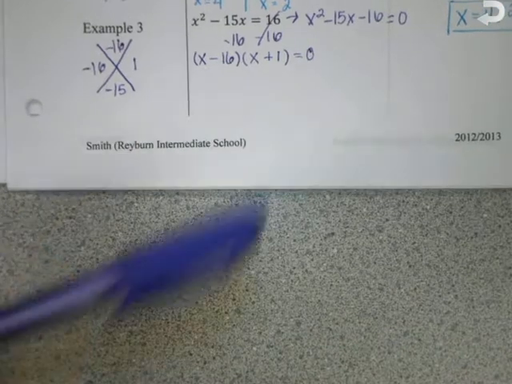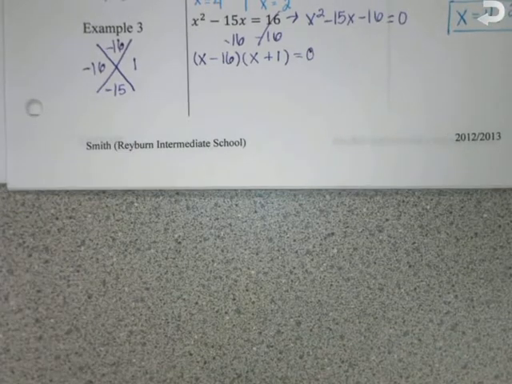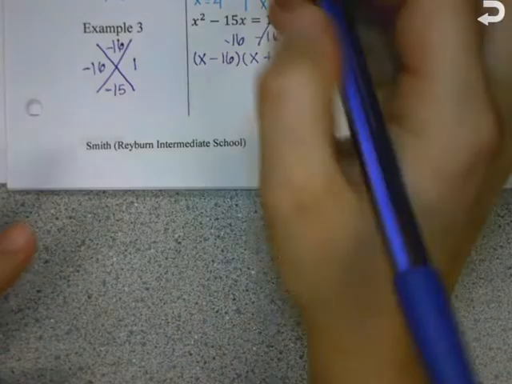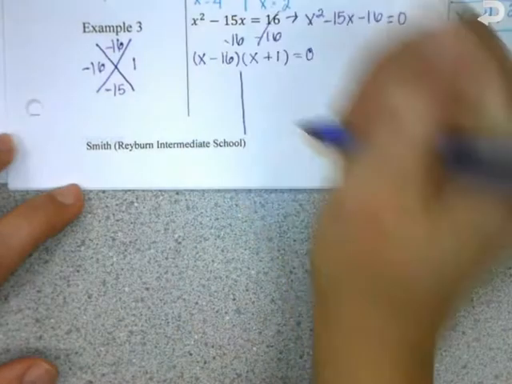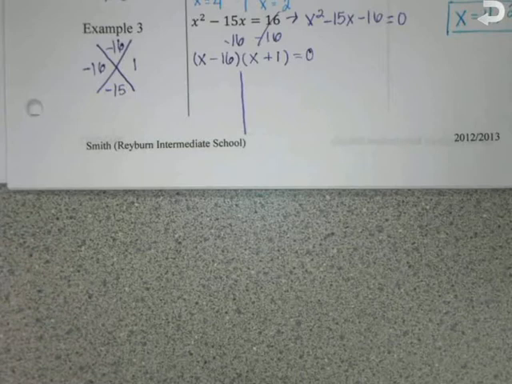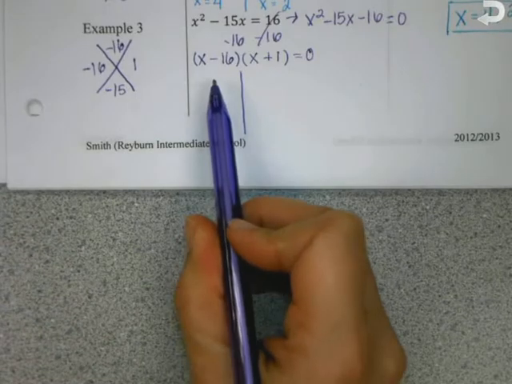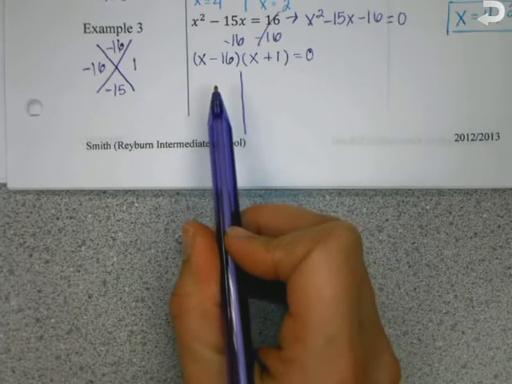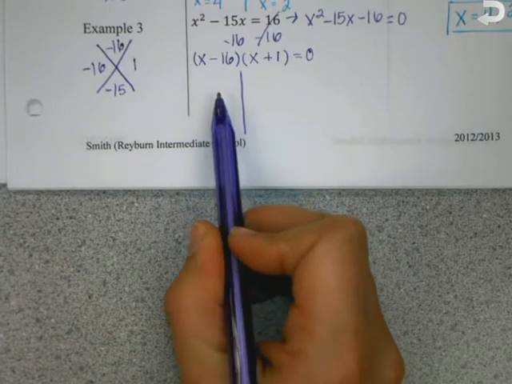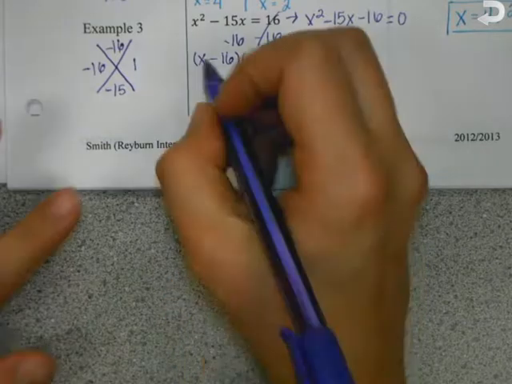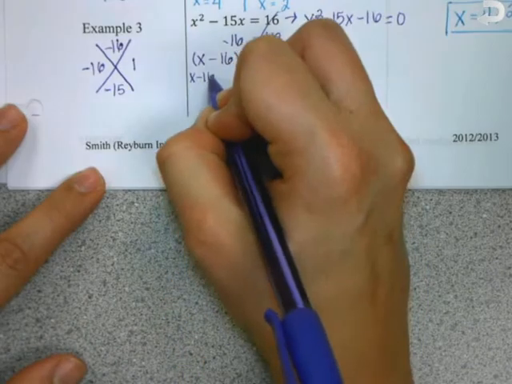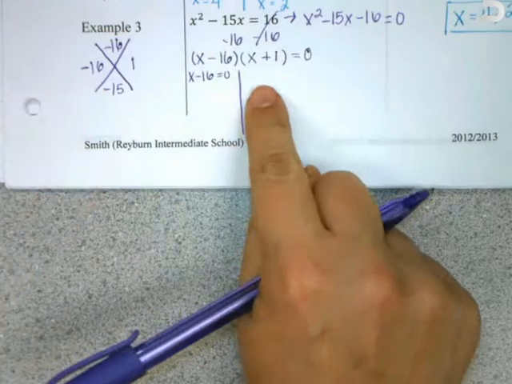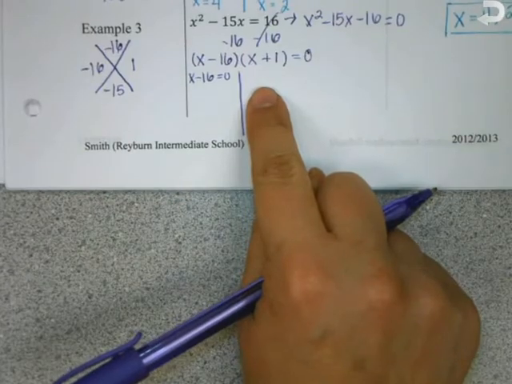So, remember, we draw a line between the two factors. What should I write on the left-hand side? x minus 16. What would I write on the left? Perfect. x minus 16 equals 0. Okay. And then what would I write on the right-hand side?